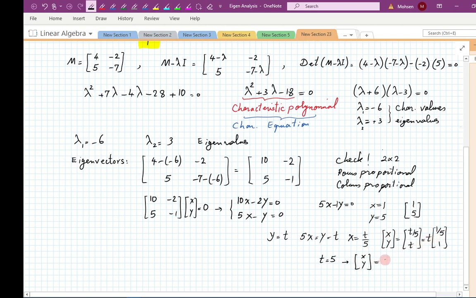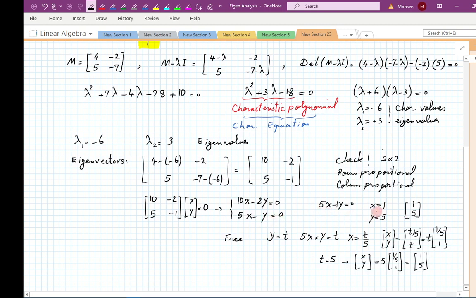So if this is 5 times 1/5 and 1, I get 1 and 5, which is just what we had over there. So we can go after the concept of a free parameter and then backward solution, get the back substitution, get the set of all possible eigenvectors and choose one from this listing. Okay, so that was the elephant gun, and here we just handled the mosquito ourselves.